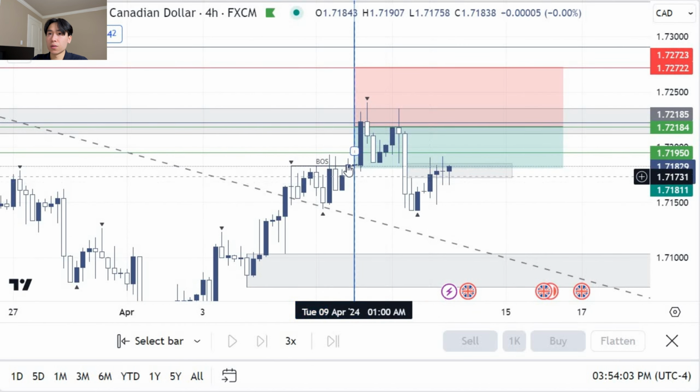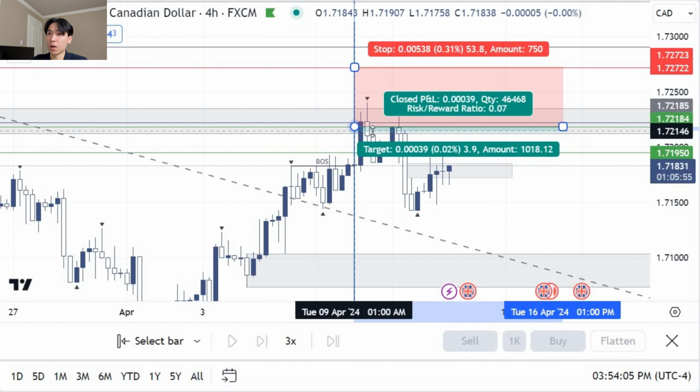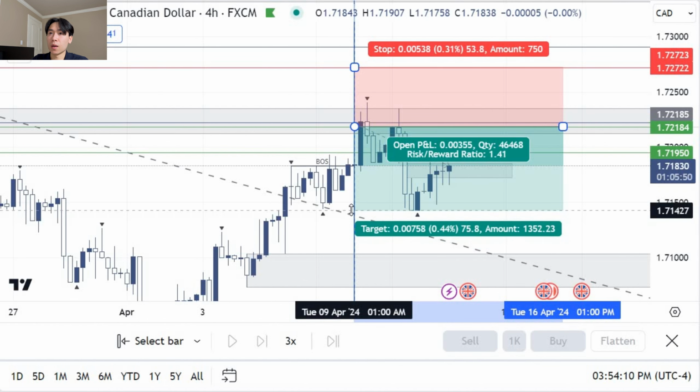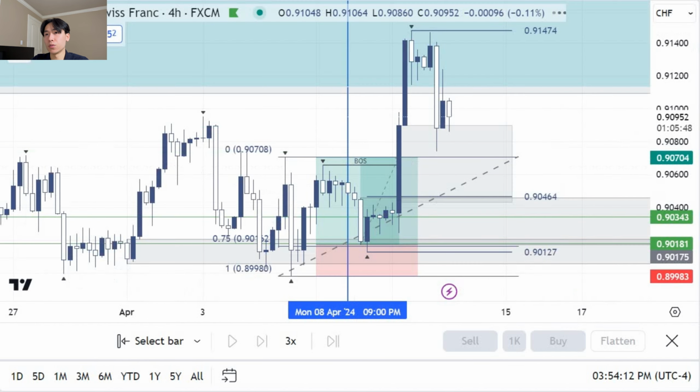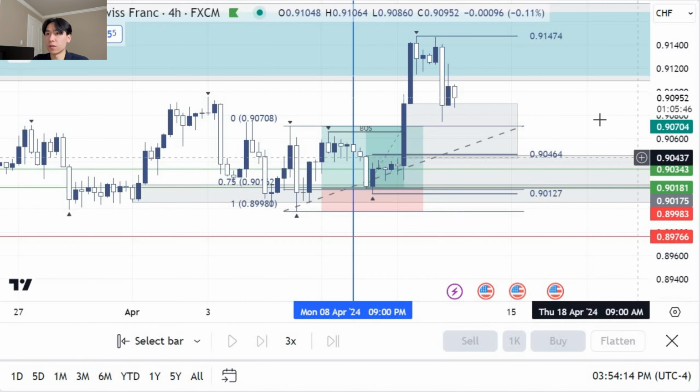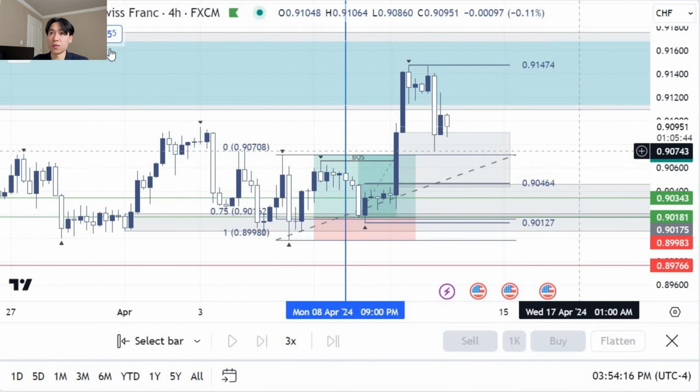Like I said earlier, I took profit at like 2.4 pips or something, and then I missed out, all due to the fact that I didn't want to give back my profits on USD Swiss.